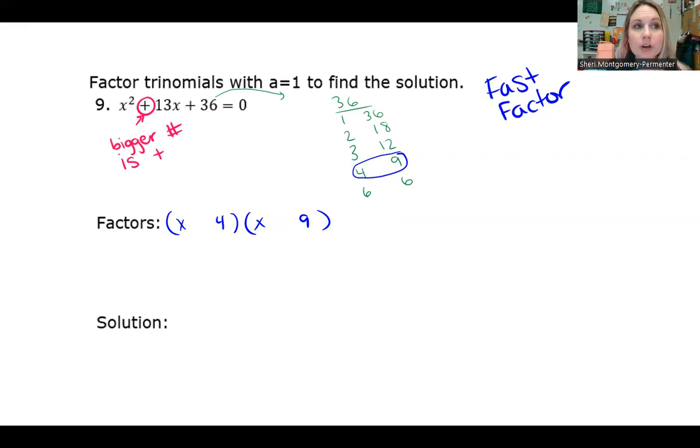So which one is bigger, 4 or 9? 9. So for the other one, if I have 9, would I add or subtract 4 to get 13? Add, that's how I figure out my other number. Also, if these are both positive, the result will both be positive.